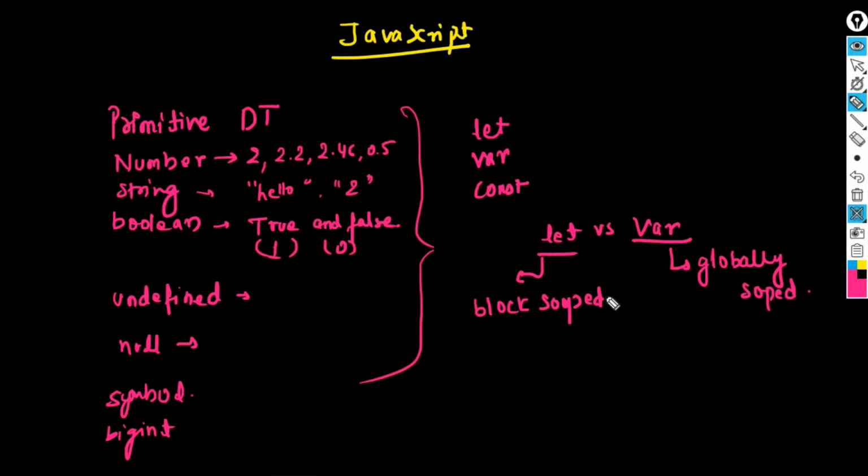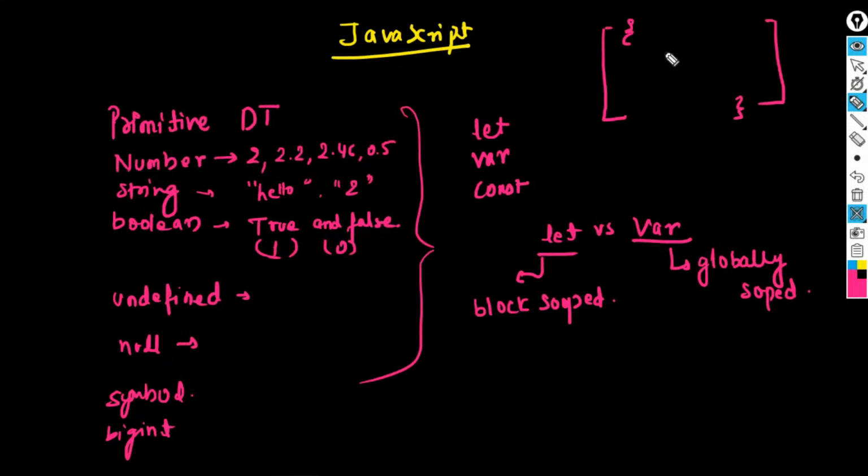Initially, you will not find any difference. Once you go to the function, or to the for loop where you are writing a scoped value, a scoped value means something you write inside a particular restriction. Suppose for us, from this opening bracket to this closing bracket, this is one scope where you write your code.